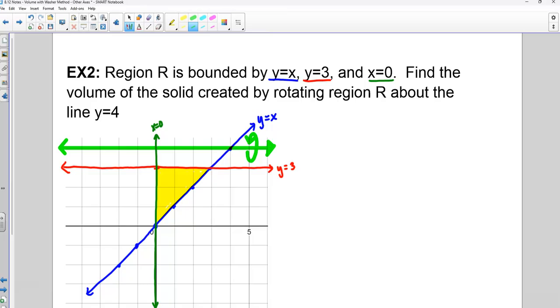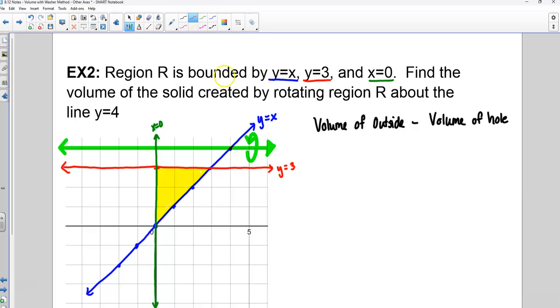X, because horizontal line, anything horizontal is a dx. So we are doing, like we've done on all of these, volume of the outside minus volume of the hole.